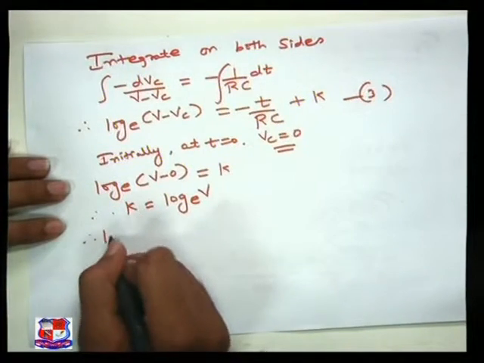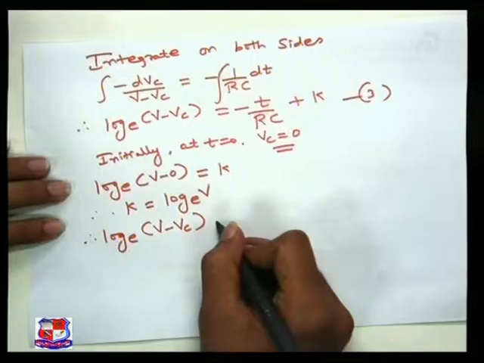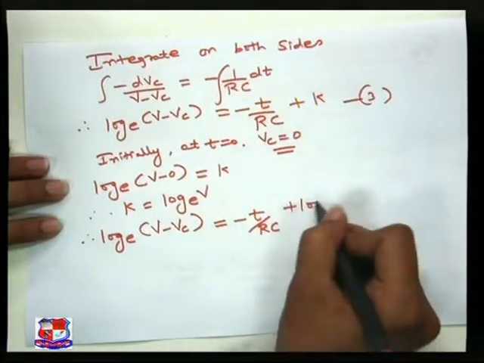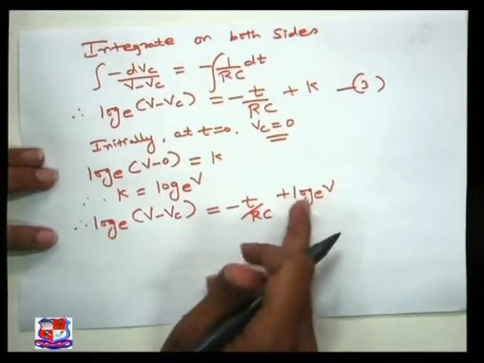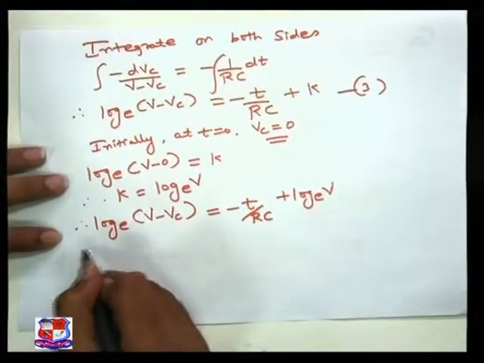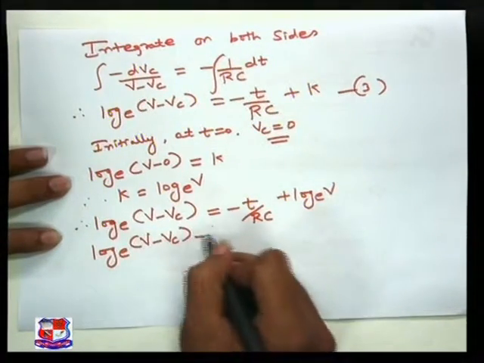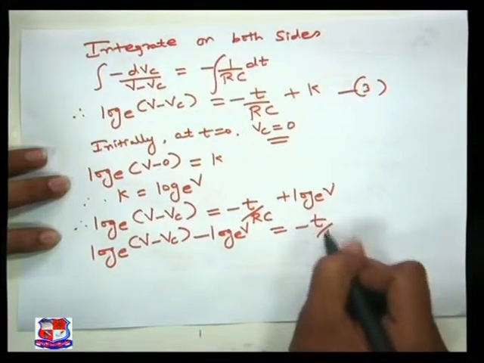in equation 3, we will get log e of V minus VC equal to minus t upon RC plus log e V, right? What I am doing is taking this log e V to the left hand side, we will get log e of V minus VC minus log e V equal to minus t upon RC.